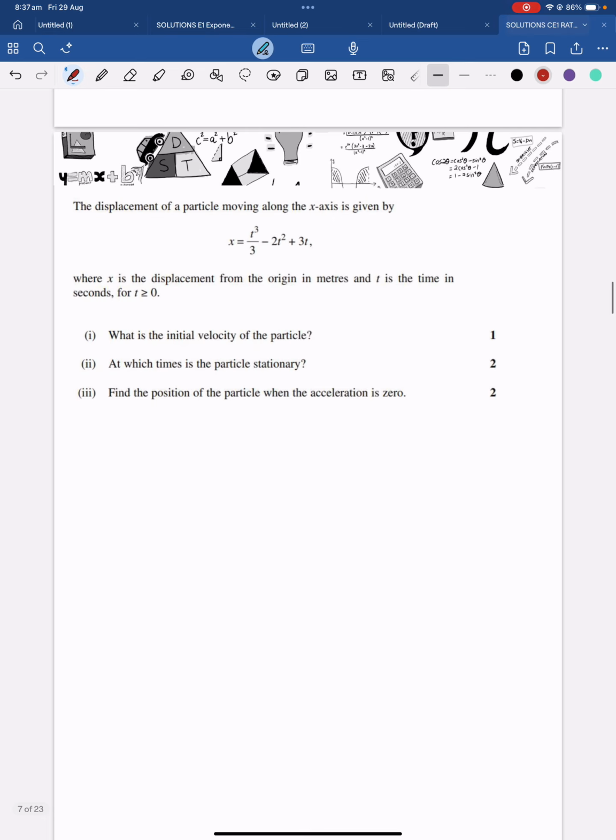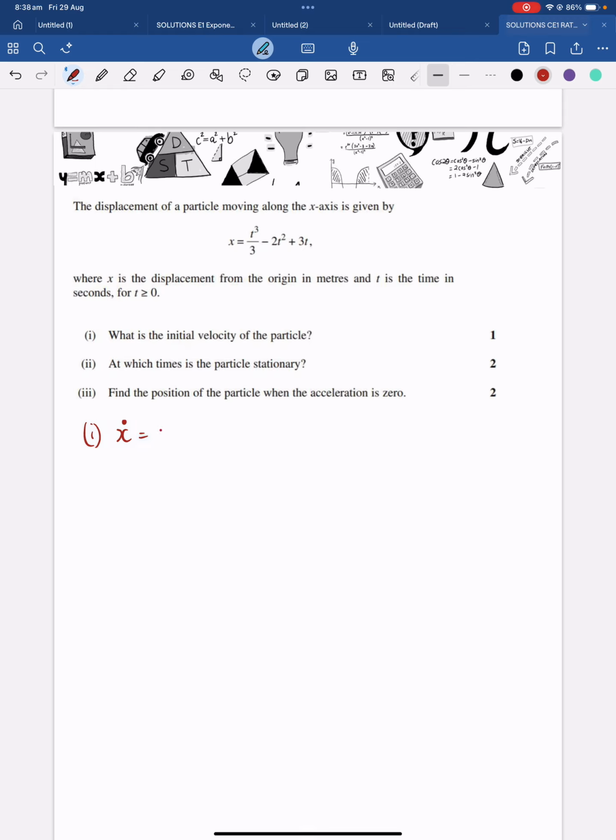All right, let's get into a question. What is the initial velocity of this particle? So it's giving us the displacement for time t in seconds. So the initial velocity, I need to find x dot and then sub in t equals 0.